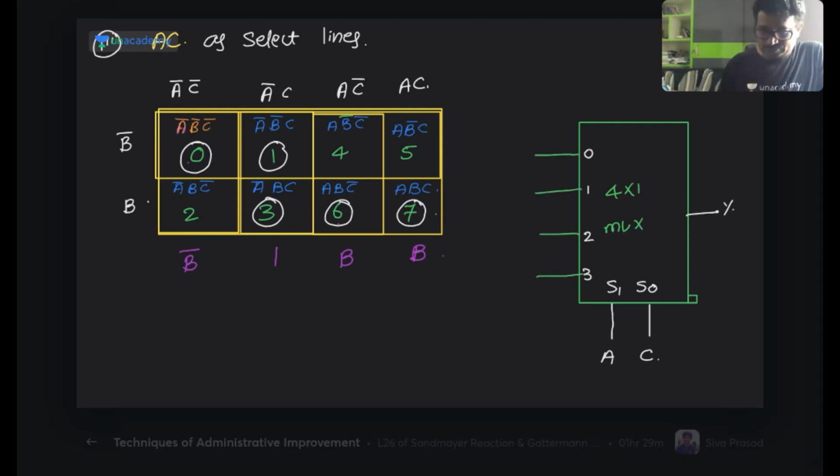This I should give as B bar, this is 1, B, and this is B. Like this we need to implement it.